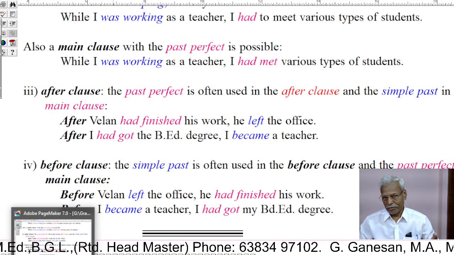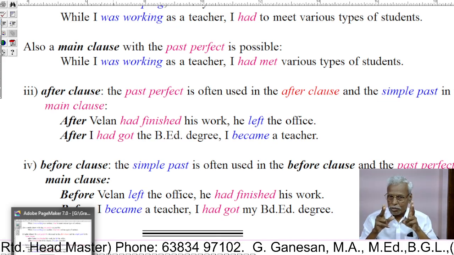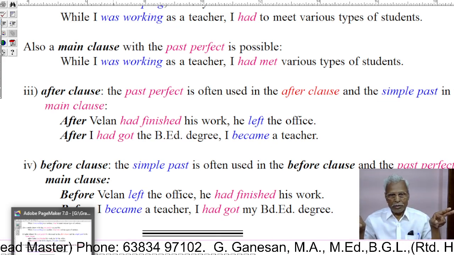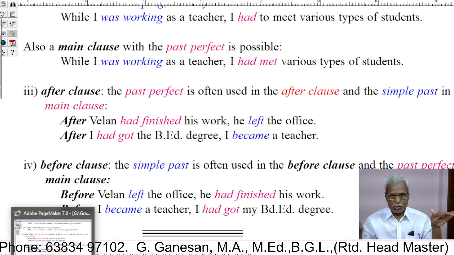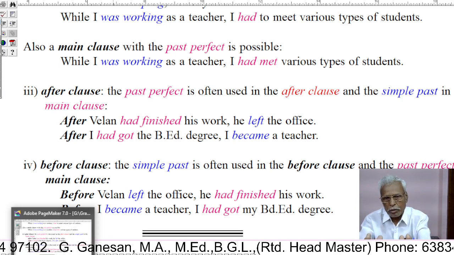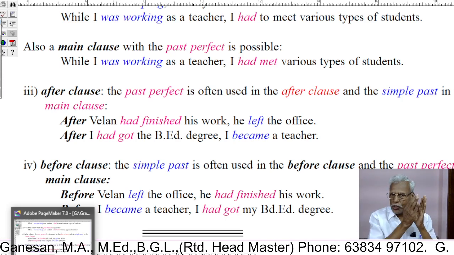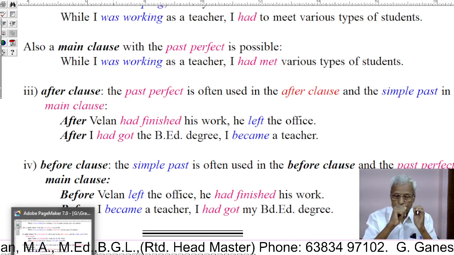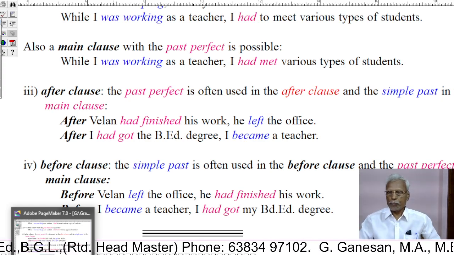Again, when two actions happened in the past and there is enough gap between the two actions, or one action followed the other, that doesn't matter. We can use this type of clause. The first action should be expressed using the past perfect, and the second action using the simple past.